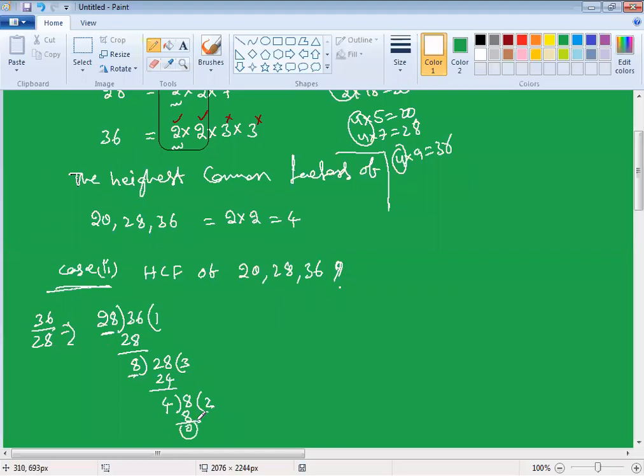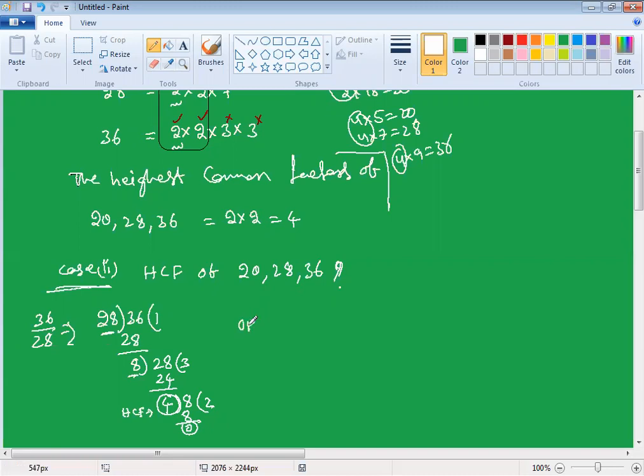So we have to do like this until we get a remainder 0. For the number by which you get 0, that is the HCF. By dividing with 4, you are getting the remainder 0. That's why this is the HCF. Already we got 4 as the HCF.